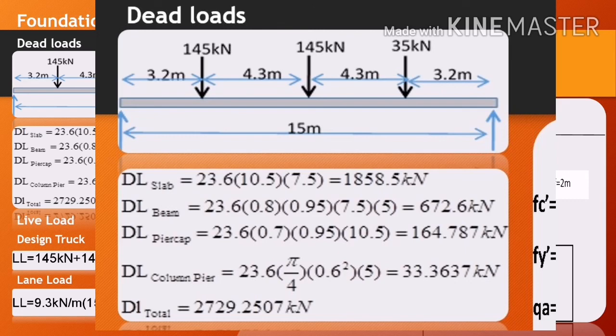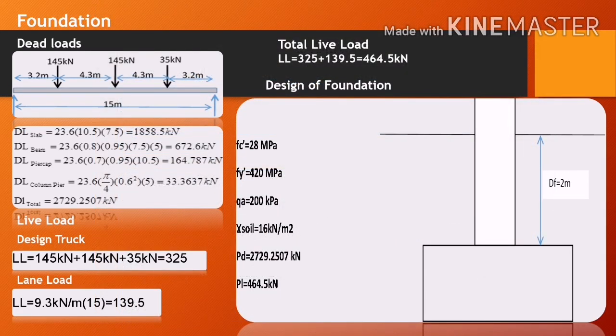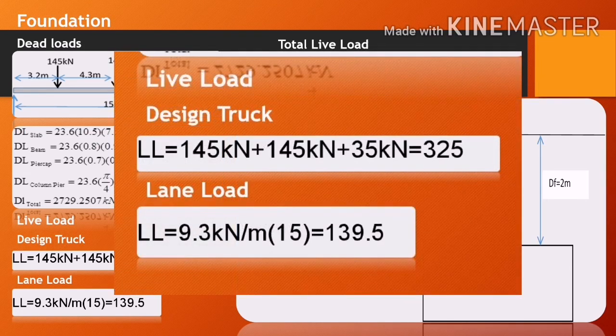So, to solve for the total dead loads, we should get the summation of the dead loads of slab, beam, pier cups, and pier column. So, it is equal to 2,729.2507 kilonewton.